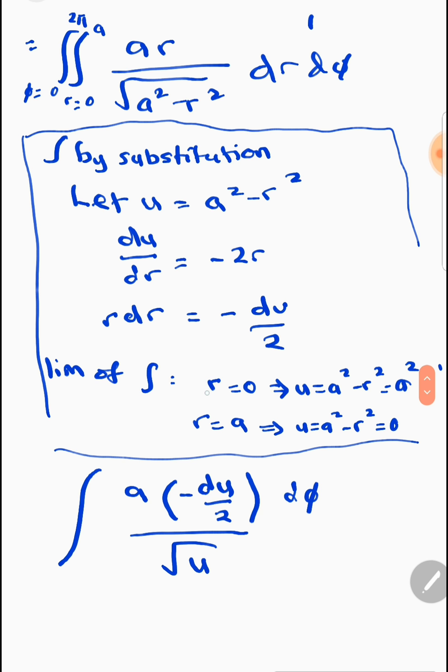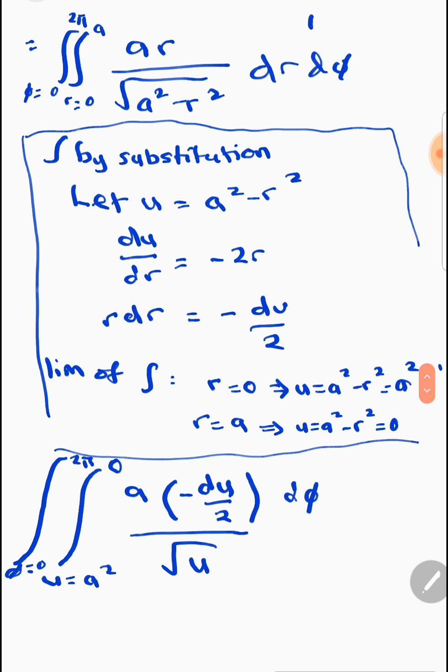So r limit from 0 to a, 0 as the lower limit, a as the upper limit, I'm going to replace with this. So notice that this now becomes u equals a squared to 0. It doesn't mean that every time 0 must be at the bottom, so just be very careful with this, yeah? This is based on whatever calculations we did earlier. And of course, don't forget the other integral, corresponding to my phi. Phi will then just be 0 to 2 pi.